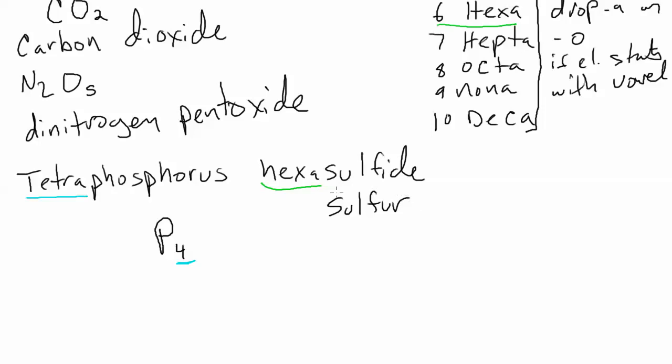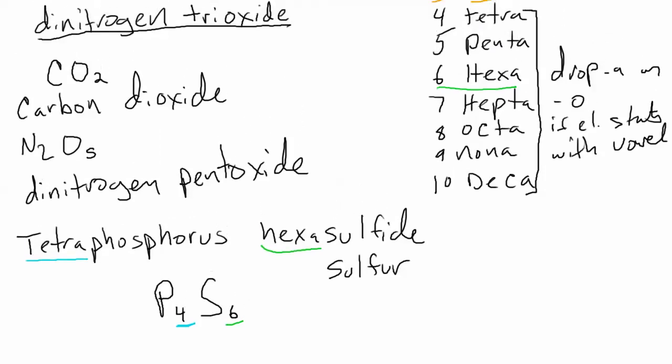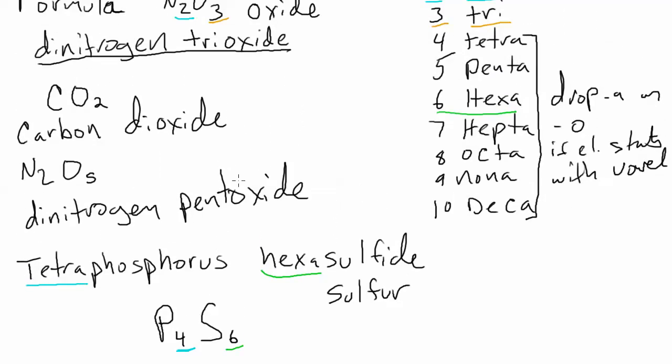So the symbol for sulfur is S, and it's hexasulfide, and hexa up here means 6, so it's S6. And so the formula for tetraphosphorus hexasulfide is P4S6. And that is how you can switch back and forth between the names or the formulas of covalent compounds.